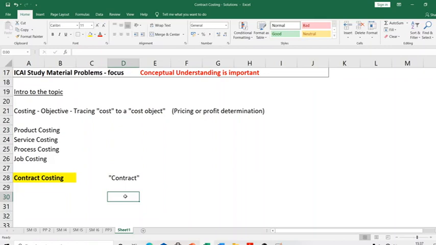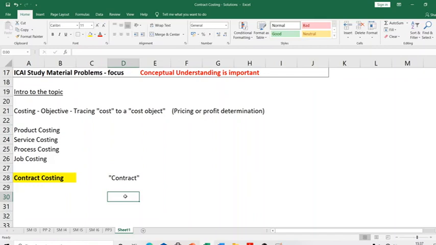So if you look at contract, here we are going to say that a contract represents a certain work that is to be done. That work may be in the nature of a job or in the nature of a service. For doing that one job or that one service, which is represented through a contract, we want to find out the cost.